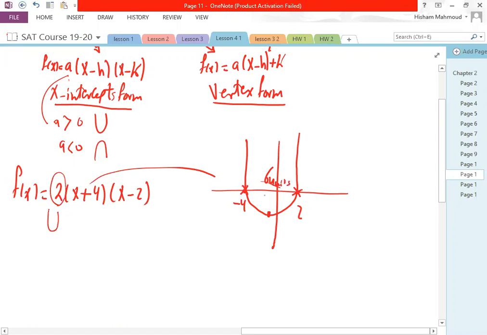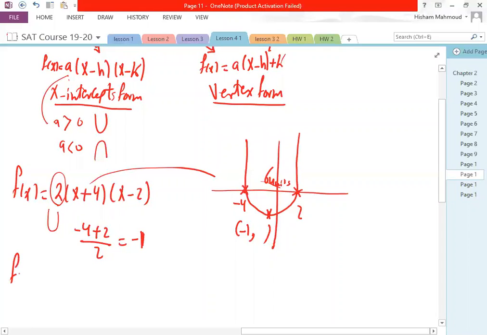So half the distance is 3, so the vertex should be at negative 1, which is 3 units from negative 4 or 3 units from 2. Alternatively, you can add negative 4 and 2 and divide by 2, which gives you negative 1.